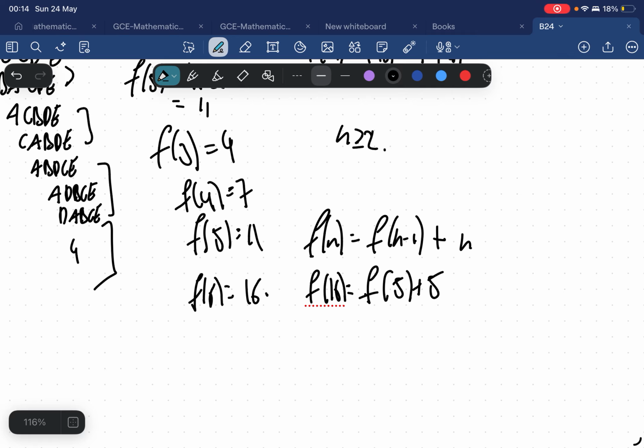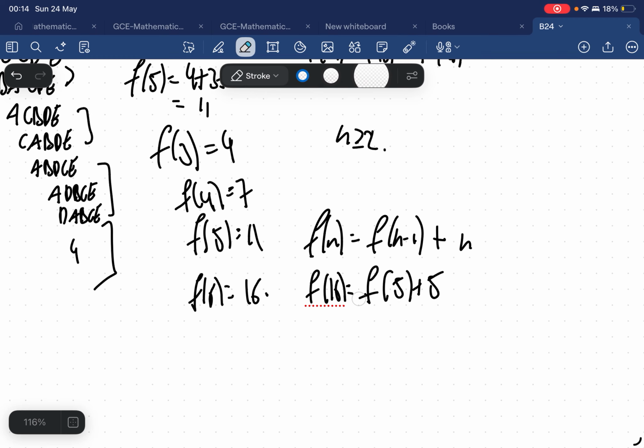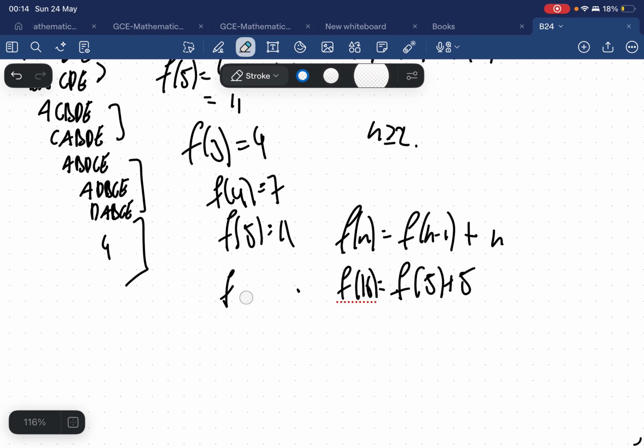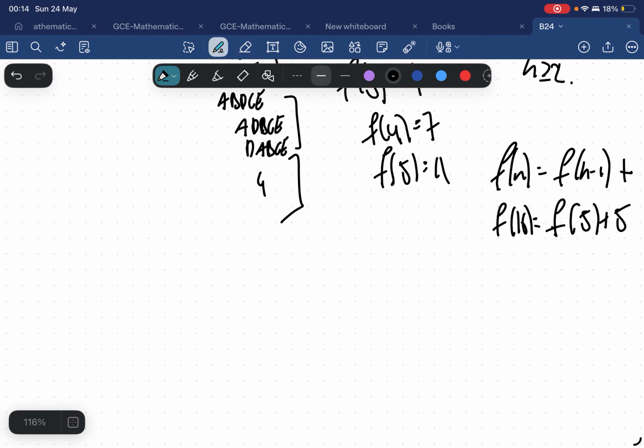Yeah, it's definitely the structure, yeah. Sure, f16, I'm going to check f6, actually.